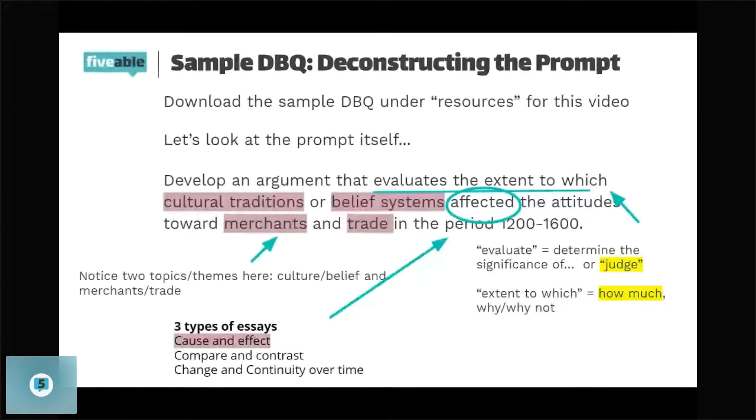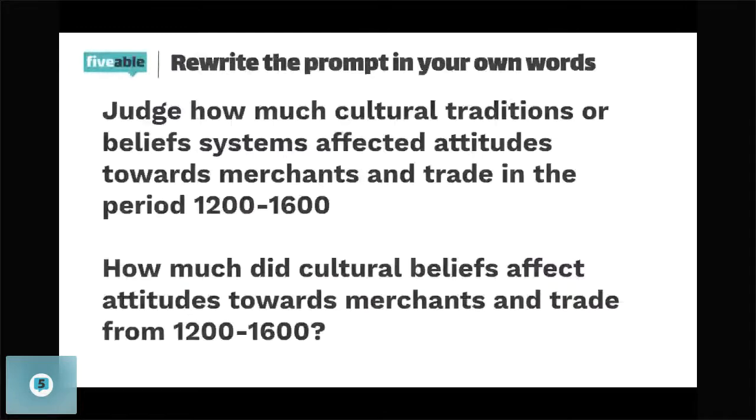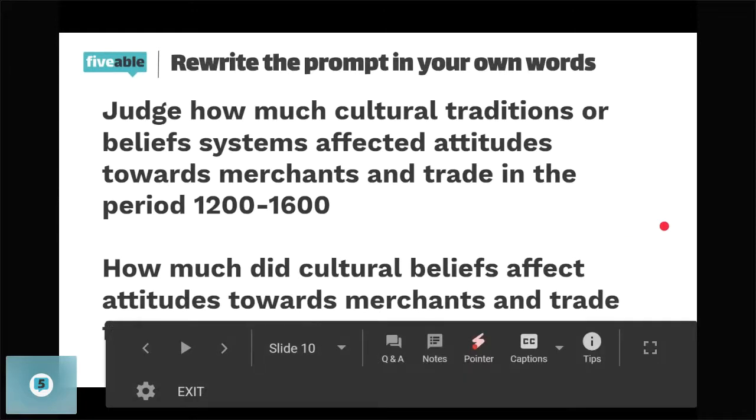Okay, so the first thing I have my students do is rewrite the prompt in their own words. So going off what I said, we would have: judge how much cultural traditions or belief systems affected attitudes towards merchants and trade in the period 1200 to 1600. And I think we can actually make it a little simpler down at the bottom here.